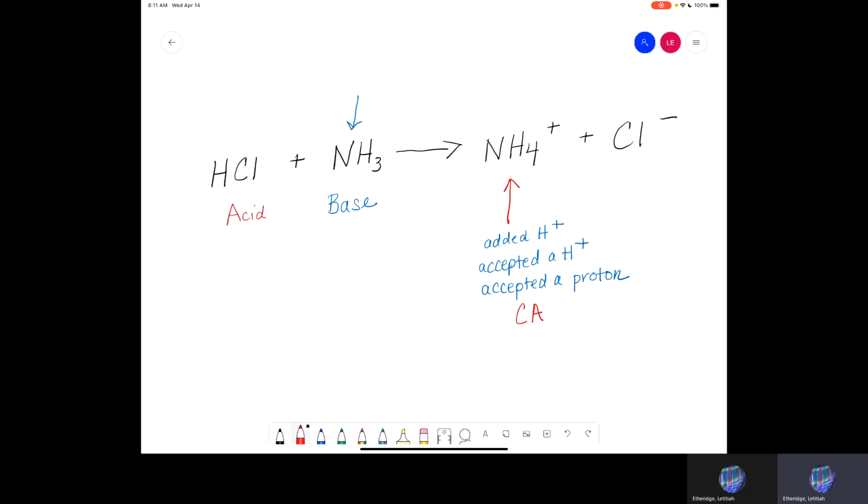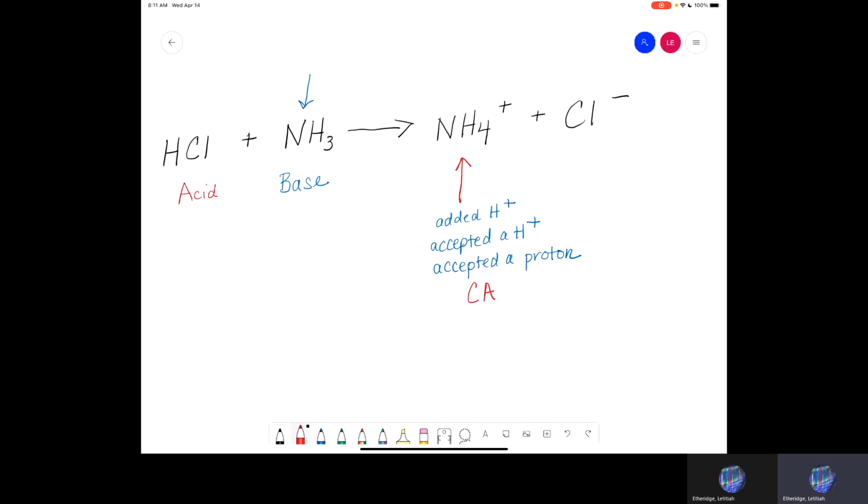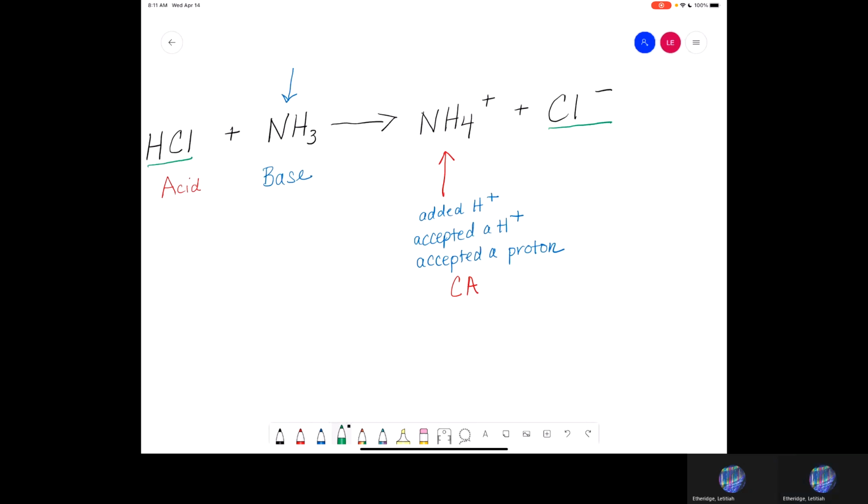All right, let's take a look at Cl minus. Obviously, you guys know that if one is a conjugate acid, the other one is a conjugate base, but let me show you how you would figure that out. If we take a look, we are going to compare HCl with Cl minus. What is the difference?